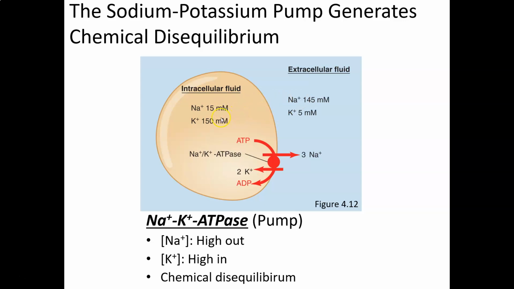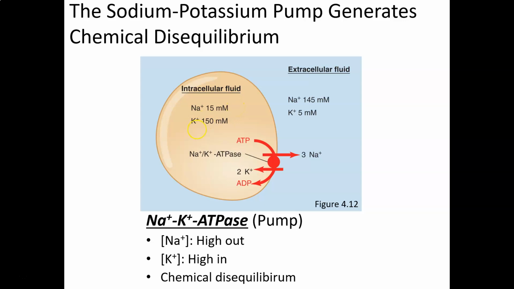Conversely, if you look at potassium, that's the K+, notice it's 150 millimoles inside the cell and only 5 outside. So that's about a 30-to-1 concentration from inside to outside. If we opened a sodium channel, sodium would diffuse down its gradient from a high concentration outside to a low concentration inside.